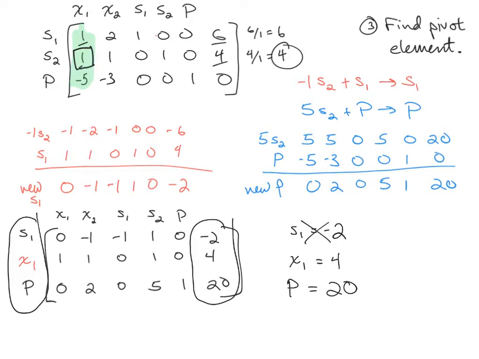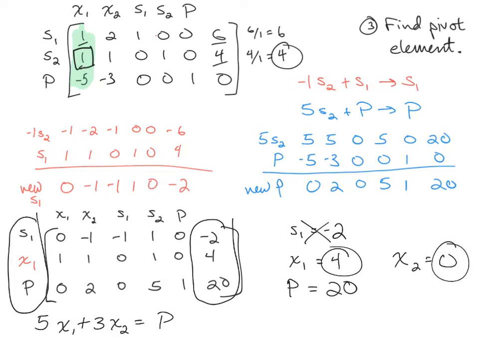If you go back and remember the optimization equation up here, 5 times x sub 1 plus 3 times x sub 2 equals the profit. Well, if x sub 1 is 4, and we don't have a value for x sub 2, that just means it ends up being 0.